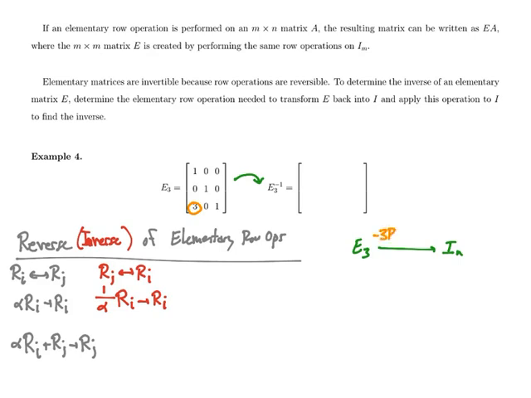That'll be negative 3 row 1 plus row 3 into row 3. And that'll get you the identity matrix back, and the corresponding inverse here will be the same thing except a negative 3 in that bottom left corner.